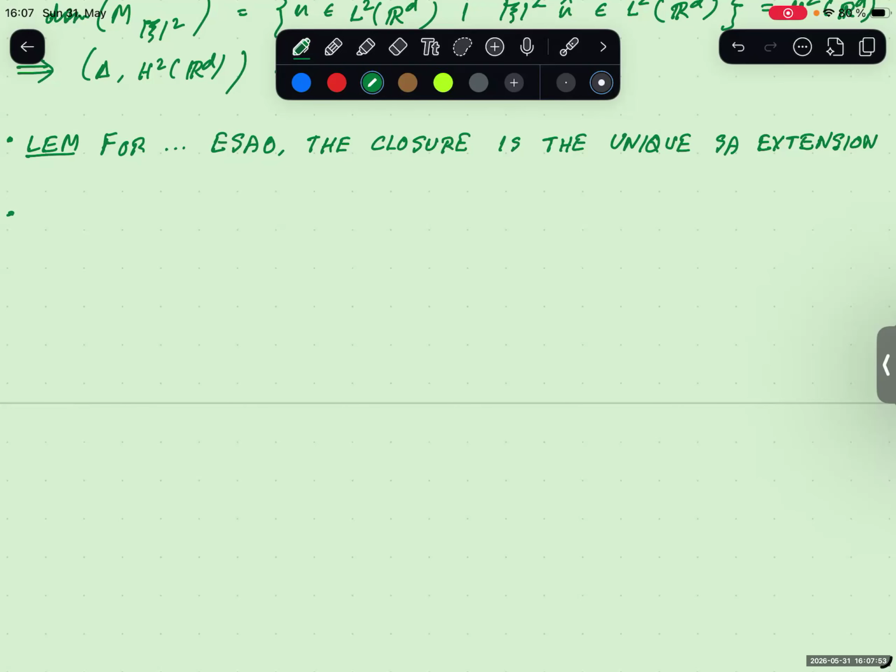So let's go for our example. Now we consider again the Laplacian, but on compactly supported functions on R^d. Okay. Now, what is the domain of its adjoint?